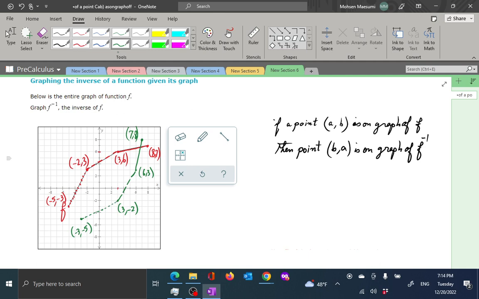Now that's what you have to do with the graphics that is available to you. You connect the dots and then you get the graph.